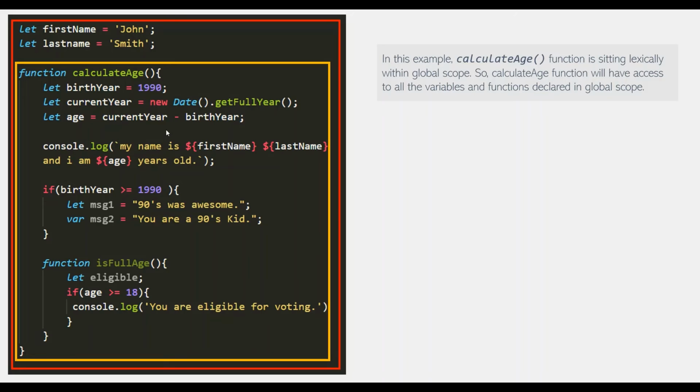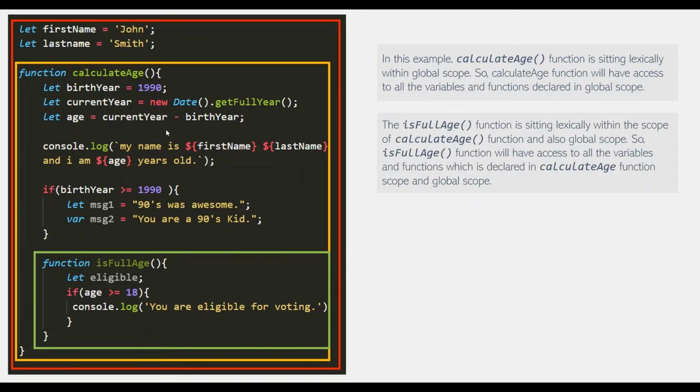Then this isFullAge function is sitting lexically within the scope of the calculateAge function, right? And also the global scope. So this isFullAge function will have access to all the variables and functions declared in the calculateAge function scope and the global scope. That means inside isFullAge, we can use all the variables and functions declared in its parent scope.